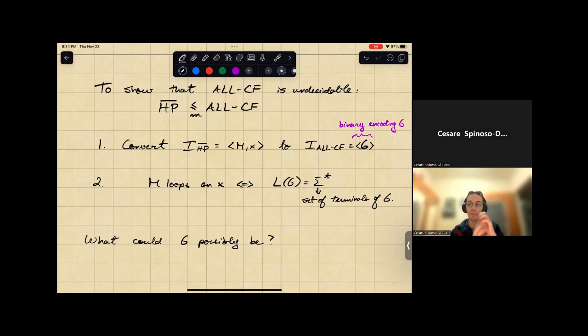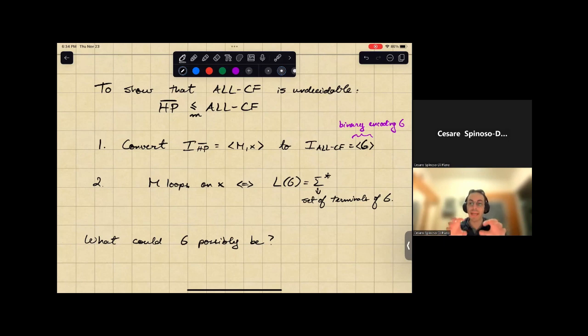So if you can create a grammar which kind of generates the computation history, okay, then if the computation history can be generated in a finite number of steps, right, then that means that M halted on X, because there was a finite number of configurations that M visited before halting on X. But if M loops on X, that means that M visits configurations over and over again, right?